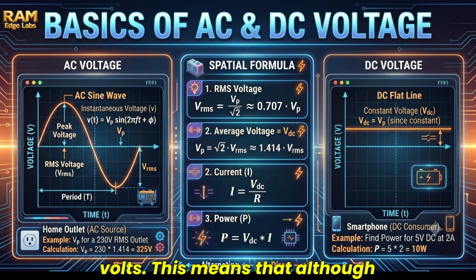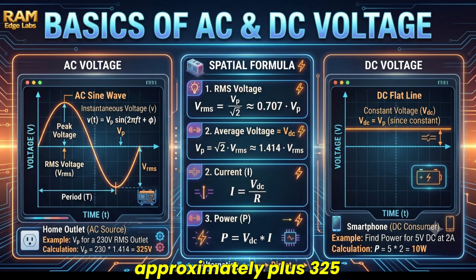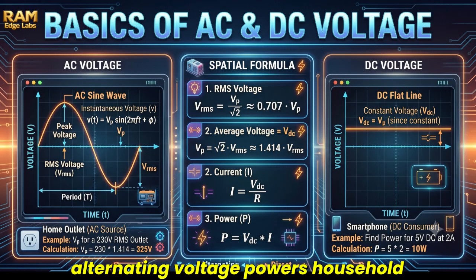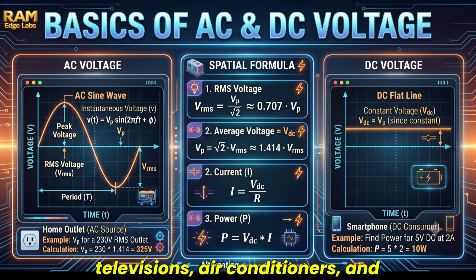This means that although the electrical outlet is rated at 230 VAC, the voltage actually reaches approximately plus 325 volts at its positive peak and minus 325 volts at its negative peak during each cycle. This alternating voltage powers household appliances such as fans, refrigerators, washing machines, televisions, air conditioners, and electric motors.